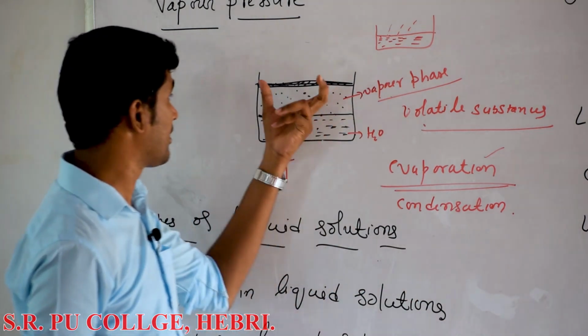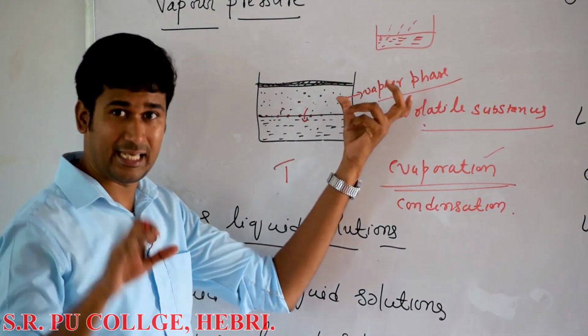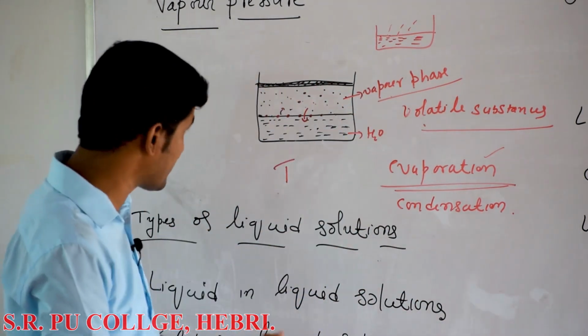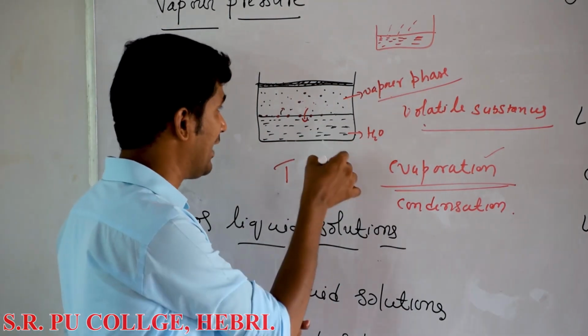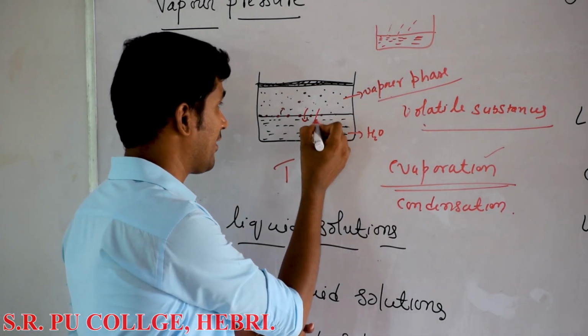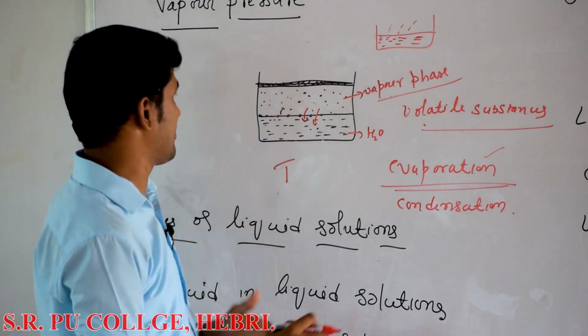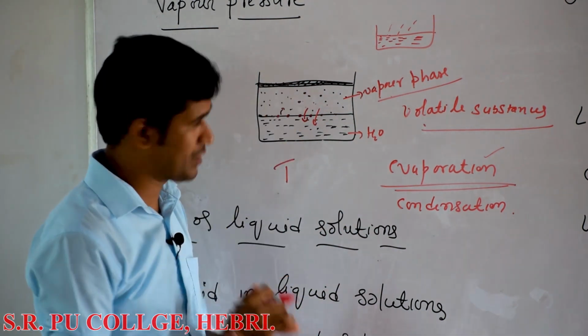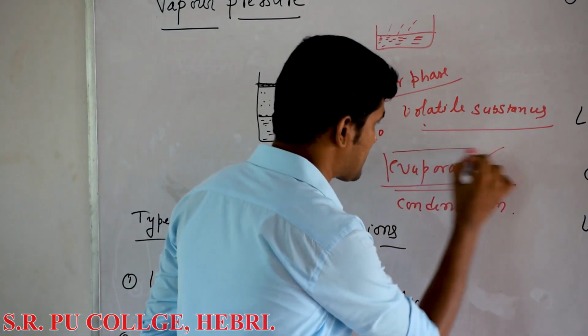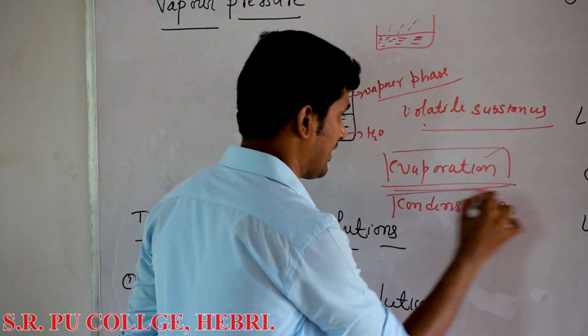Condensation means the molecules of water which are in gaseous or vapor phase condense back into liquid. As time passes, a state is attained at which the rate of evaporation becomes equal to the rate of condensation.